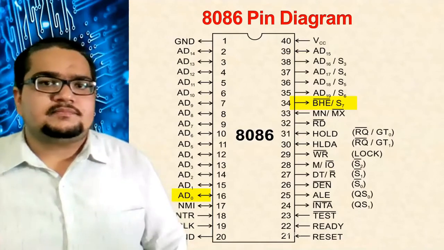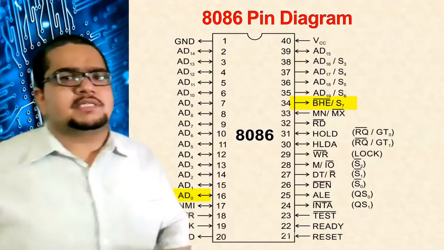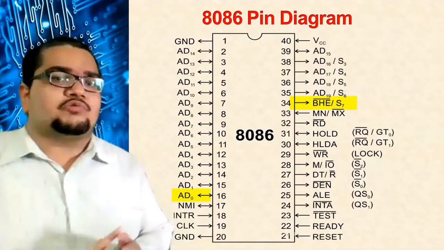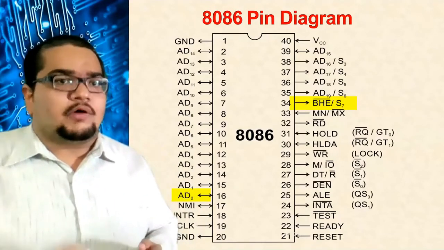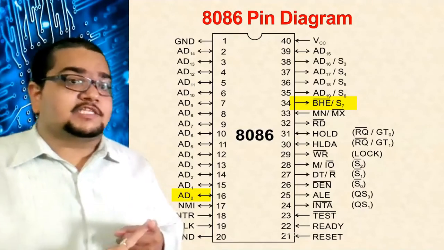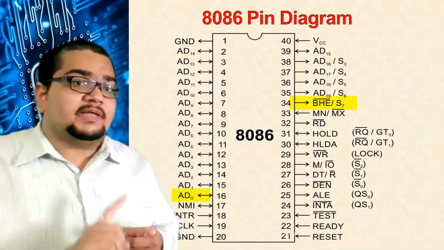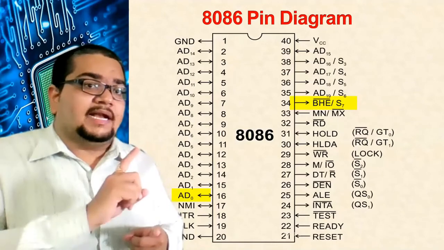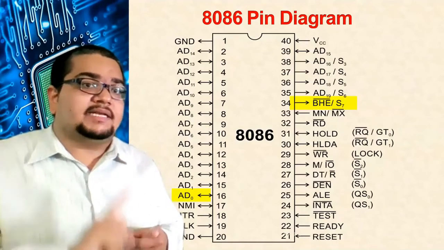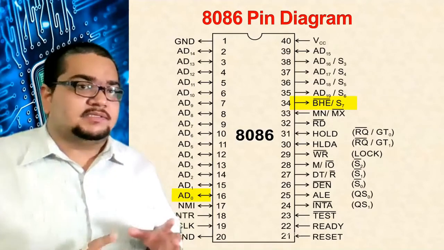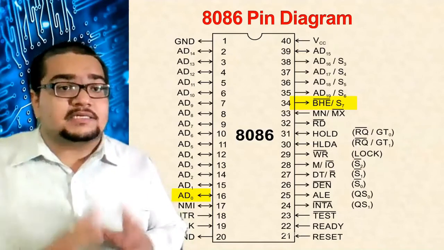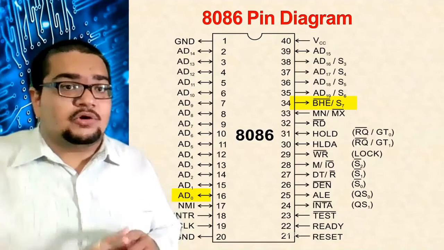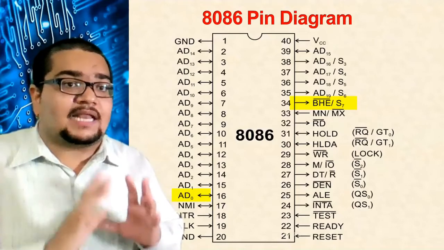Okay. For a while, you have to keep all the remaining signals aside, and take 3 things from here. Or actually 4 things. One is the address bus: from AD0 till AD15, then A16, 17, 18, 19 lines. These are the address bus. Another thing is the data bus: AD0 to AD15, 16 lines of data bus.